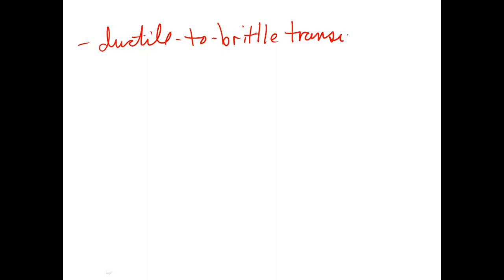We call this phenomenon the ductile to brittle transition temperature.